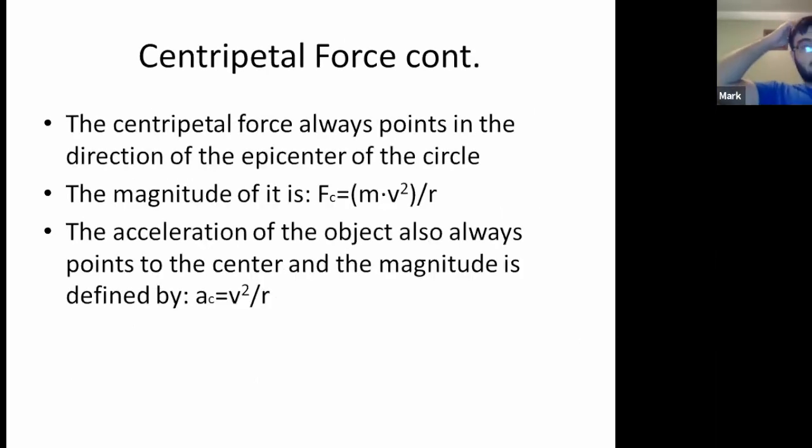Like I mentioned, centripetal force always points toward the center of the circle. Its magnitude is always equal to mass times velocity squared over r, mv squared over r. Unlike other problems where I said to make a force diagram, centripetal force is a net force, so you can always just find it using this formula.